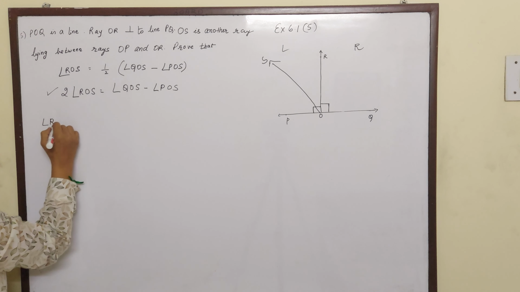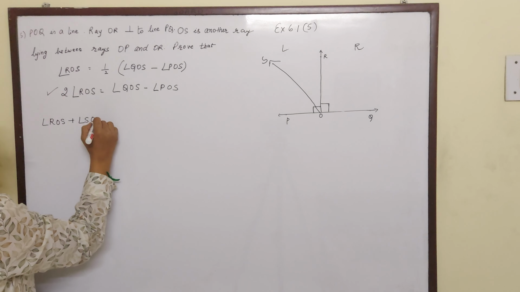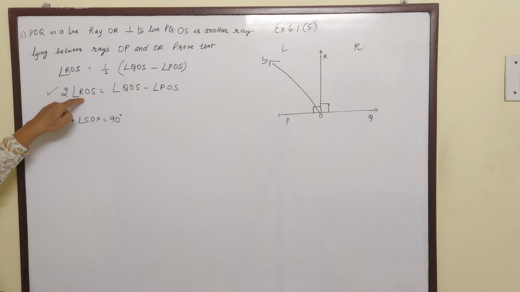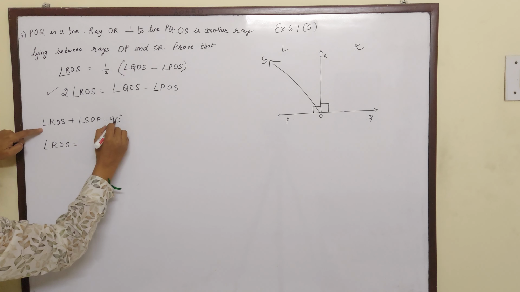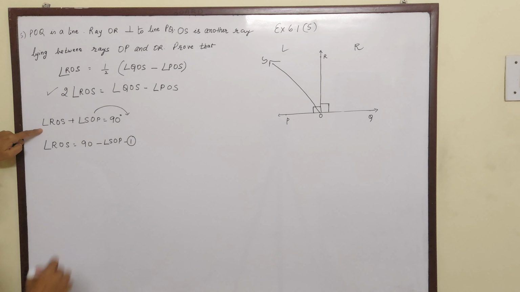So angle ROS plus angle SOP is giving you 90 degrees. But you need ROS. So we will keep angle ROS here and we can say 90 is here. When you transfer, it will become minus angle SOP. Now this is your first equation. So you have got one ROS. Now remaining is one more ROS.